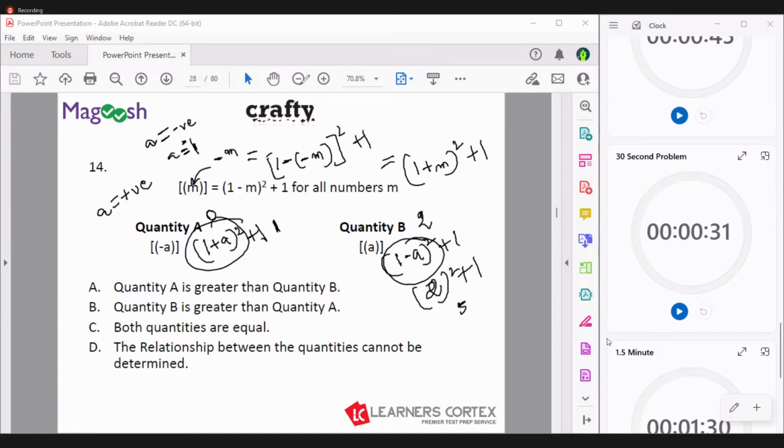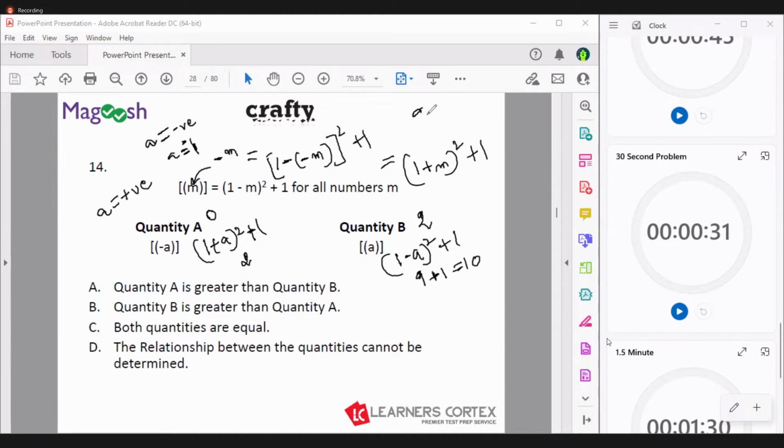Same if you put minus 2: this gives 1 minus 1 as the answer here, and minus 1 square would be 1, 1 plus 1 would be 2. Now minus 2 here, if you plug it in as the value of a, this gives us 3. So 3 square will be 9, and 9 plus 1 would be 10. So this time quantity b will be greater than quantity a.